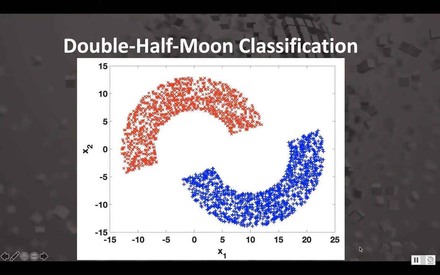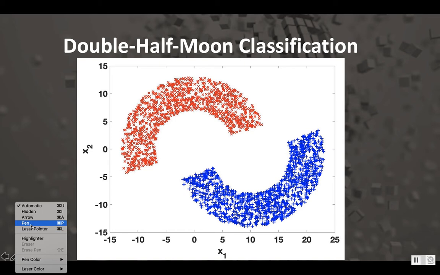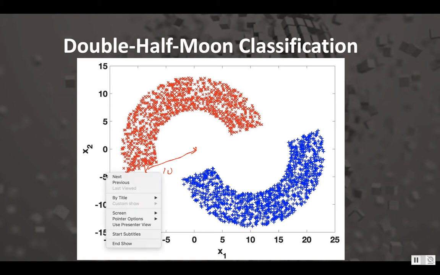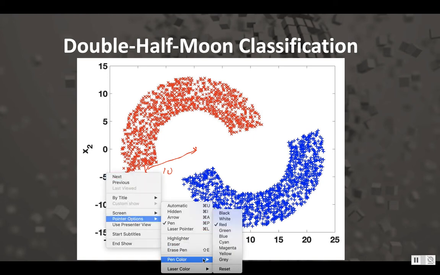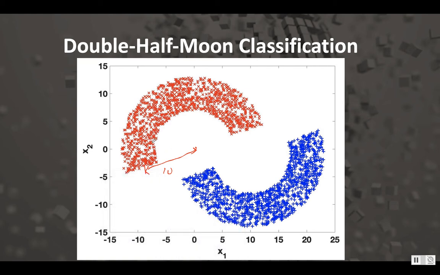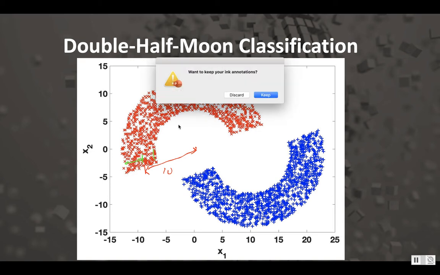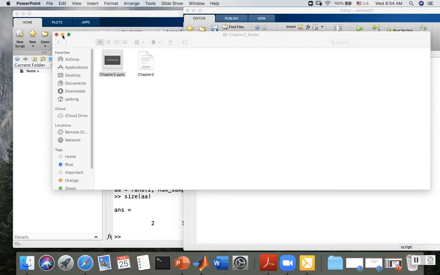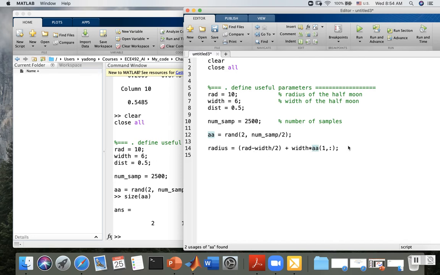From here you can see that from the center to this edge is equal to 10, correct? This is the radius equal to 10. And then this is the width. You can change the color, using green. From here to here is the radius minus width over 2. And from here to here is the radius plus width over 2. So that is why we need to have this.